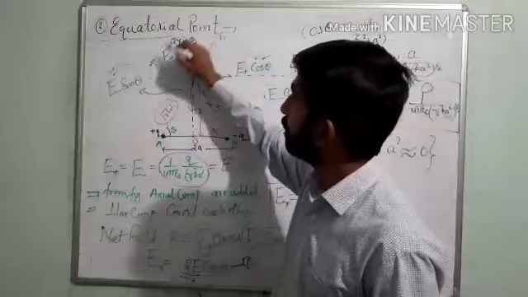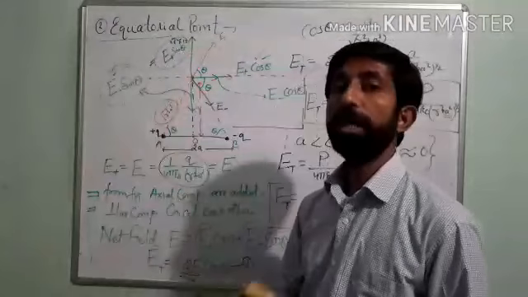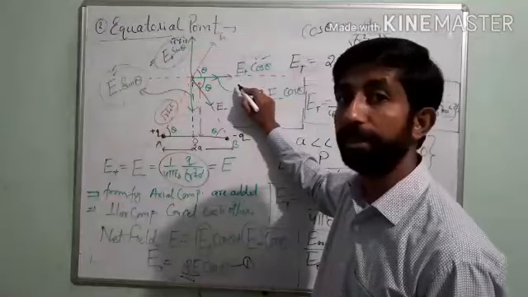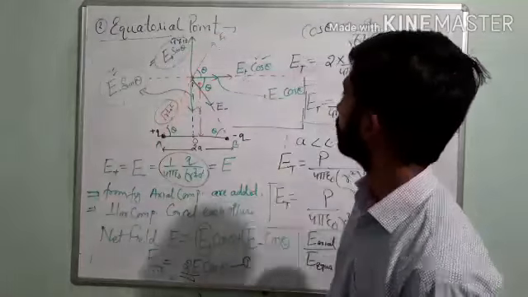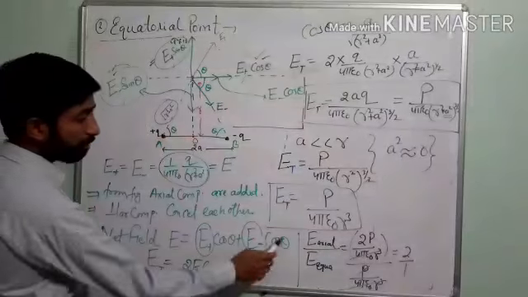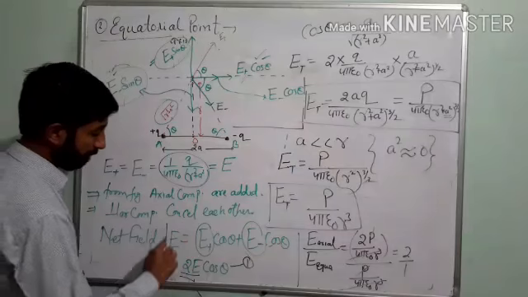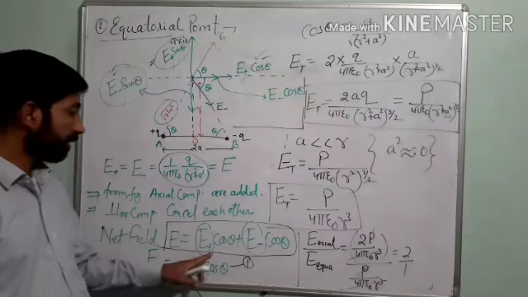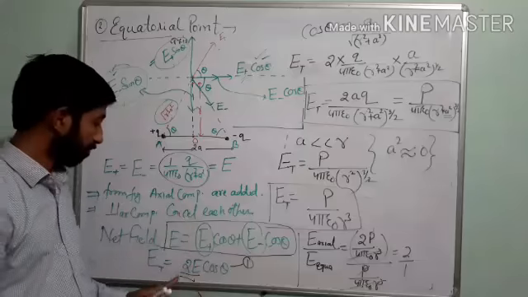So the perpendicular components being equal and opposite cancel each other, only the horizontal components get added, and that's why we have chosen E cos theta plus E cos theta. This is the important addition, and if you've done this, then you are done, no problem.